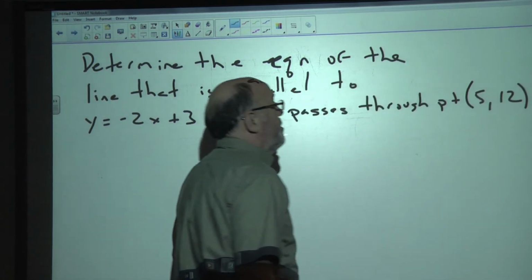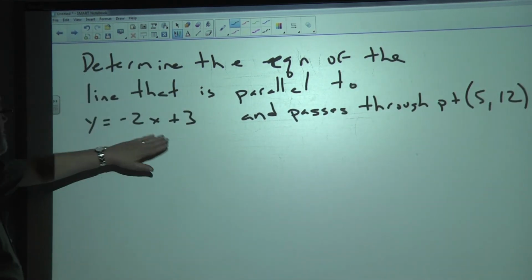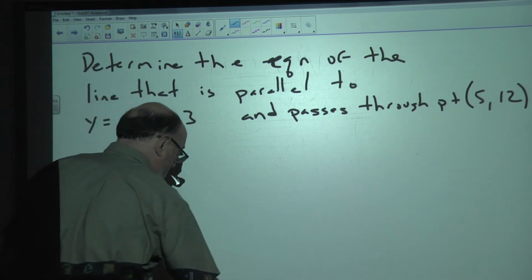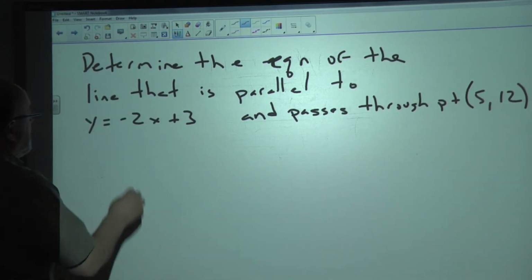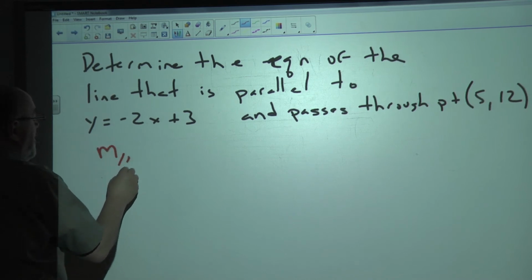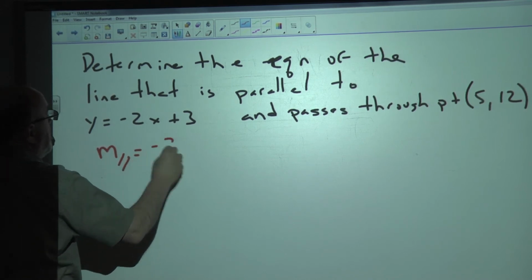Okay. So given this line, I know that the slope of my given line is -2, which means the slope of my parallel line has to be -2.